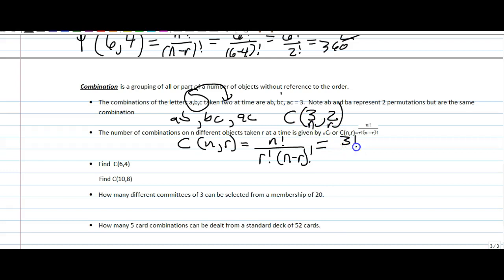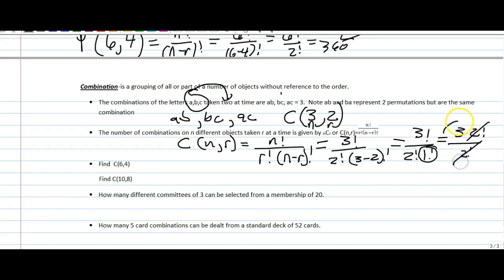So that would be 3 factorial over 2 factorial times (3 minus 2) factorial, which would be equal to 3 factorial over 2 factorial times 1 factorial. And we already defined 1 factorial as 1, so this would simply be 3 times 2 factorial over 2 factorial. The 2 factorials would cancel and would give us 3, which is what we have obtained here.